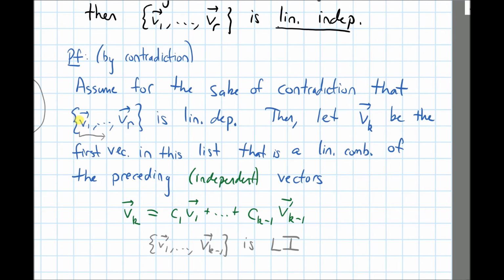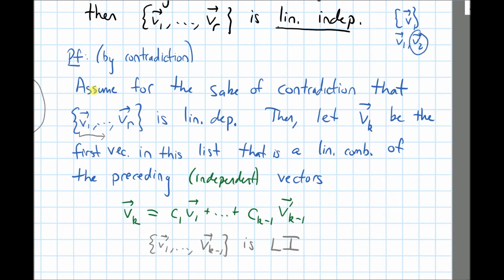initially, our vectors are linearly independent, at least the ones at the beginning, considered on their own. If I look at just the vector V1 by itself, as long as that's not 0, that set is linearly independent. Then if I look at the set that has V1 and V2 in it, maybe it's linearly independent, but if it's not, that would mean the second vector, V2, is a multiple of the first.